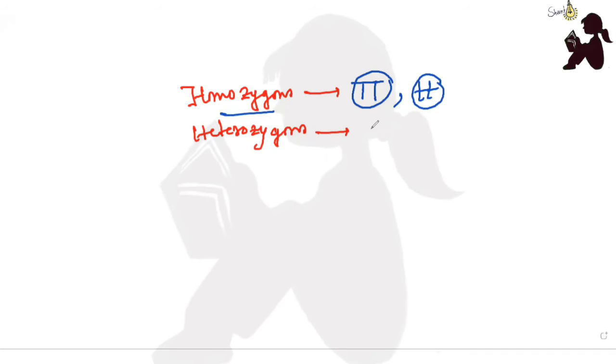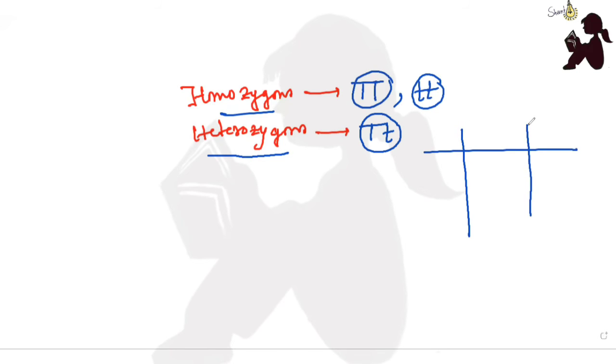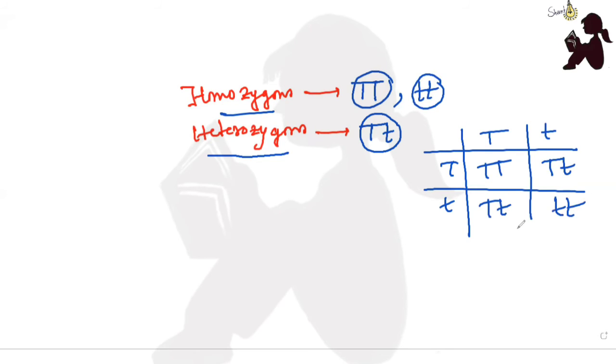And when there is a mixed combination like capital T, small t, this is considered as the heterozygous allele. Now, from the cross of the Mendelian experiment, there was one capital T, capital T, then capital T, small t, then capital T, small t, then small t, small t.